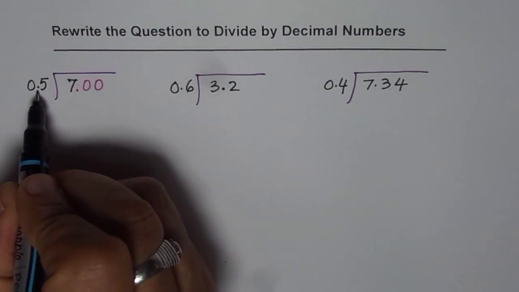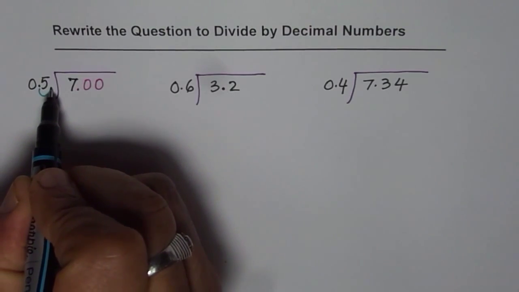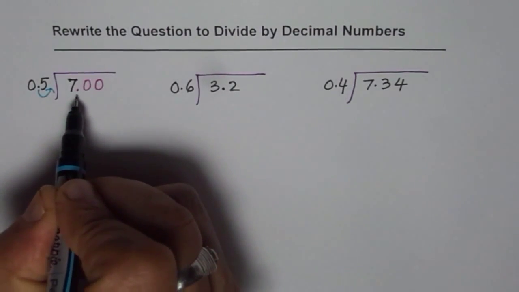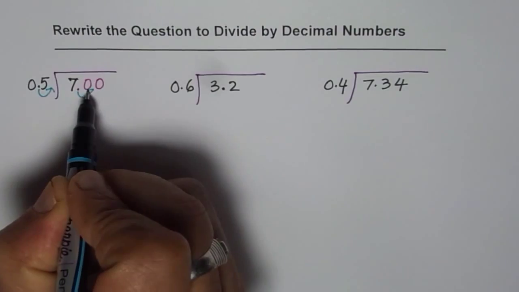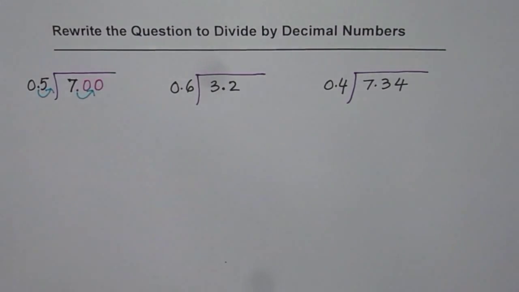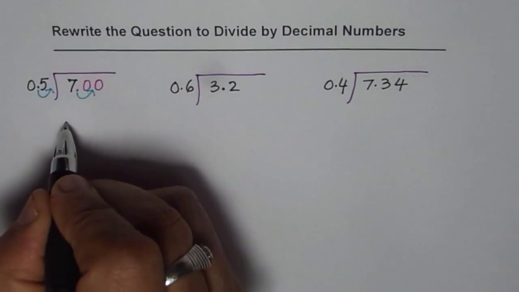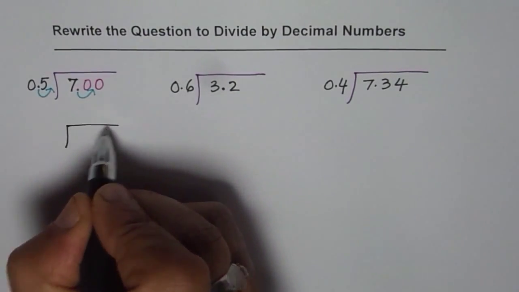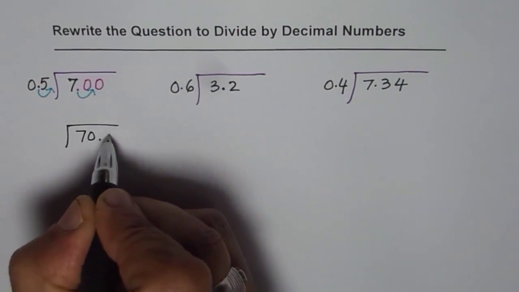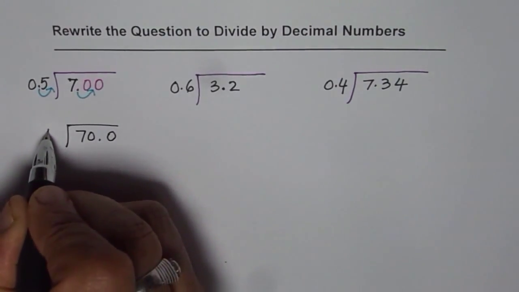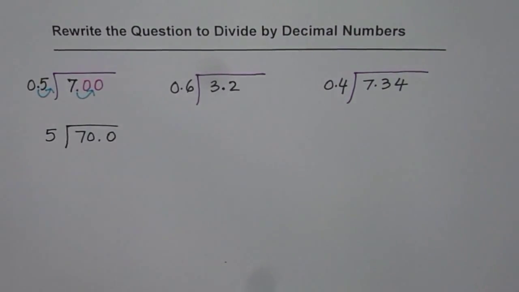For that, we have to move this decimal one position to the right. So let us move it for both dividend and the divisor. So we get 70.0 now. So the question really becomes 70.0 divided by 5. So that is how we can rewrite and then divide.